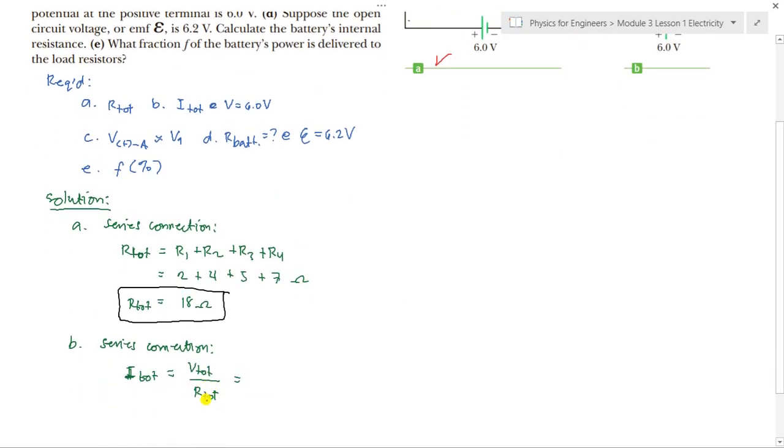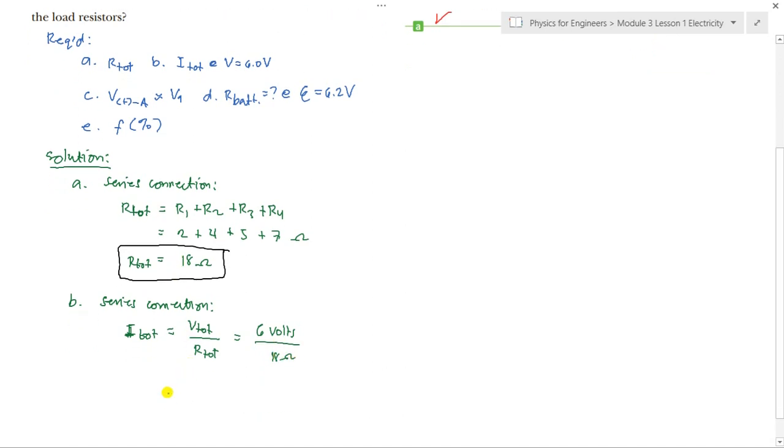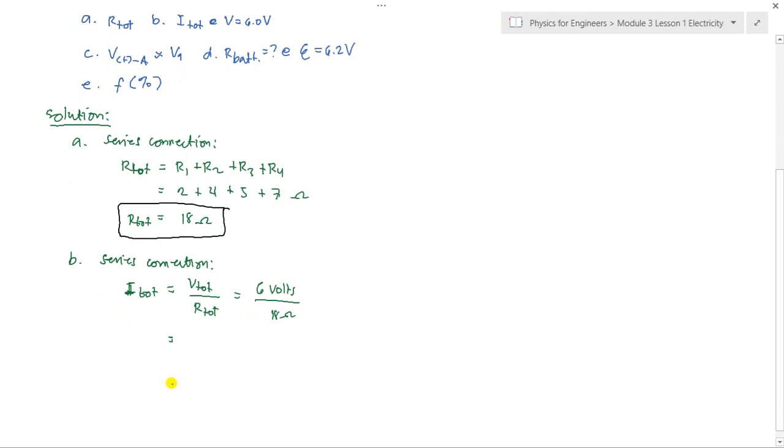So we have here 6 volts all over the total resistance, 18 ohms base ato diri. So therefore this one is 6 over 18.